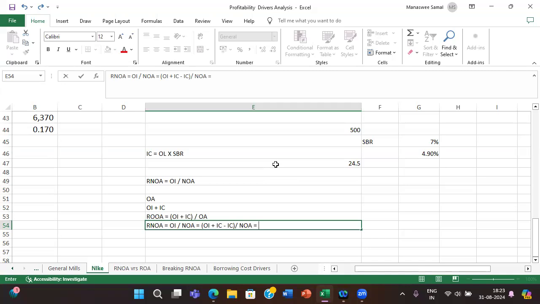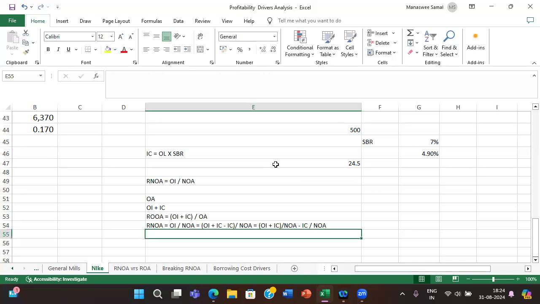Then we'll try to decompose the numerator into two distinct parts. That is, OI plus IC we'll keep as one component divided by NOA. And then we'll have minus implicit cost of using operating liability. I'm knowingly repeating it because repetition possibly reinforces, right? Implicit cost by NOA.